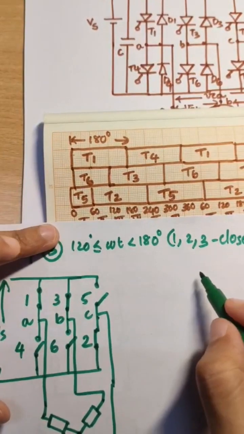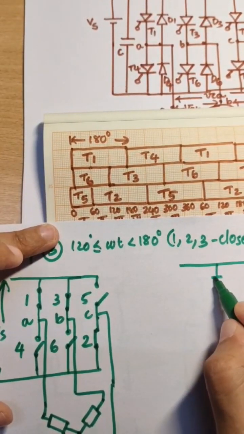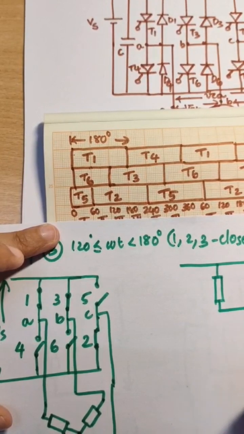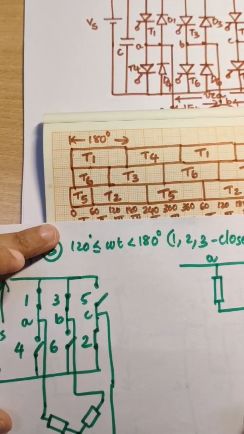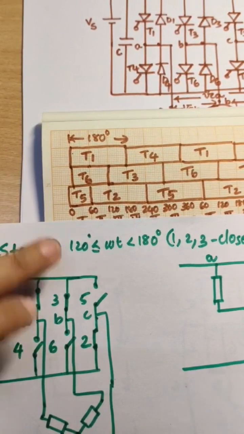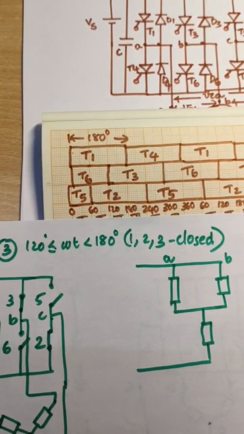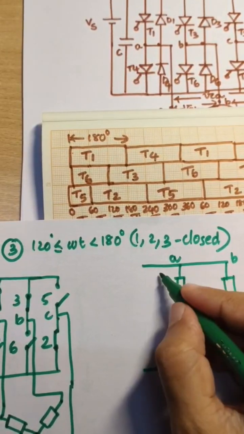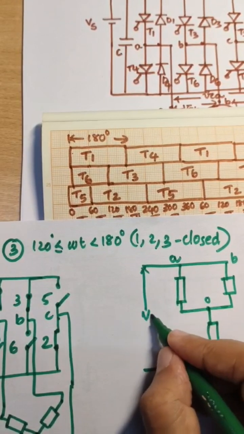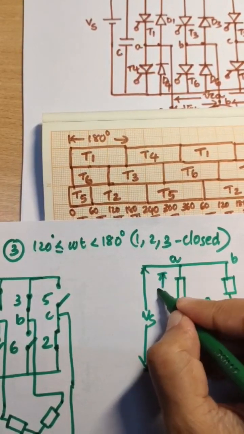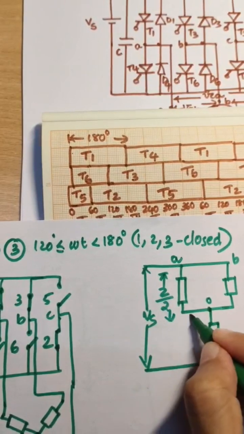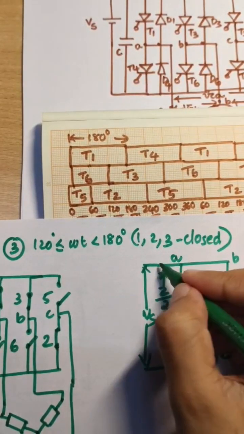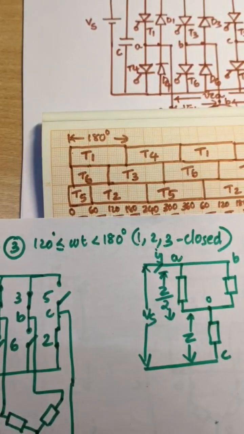So drawing the equivalent circuit of load, Z by 2, here Z. We need to find the value of current.